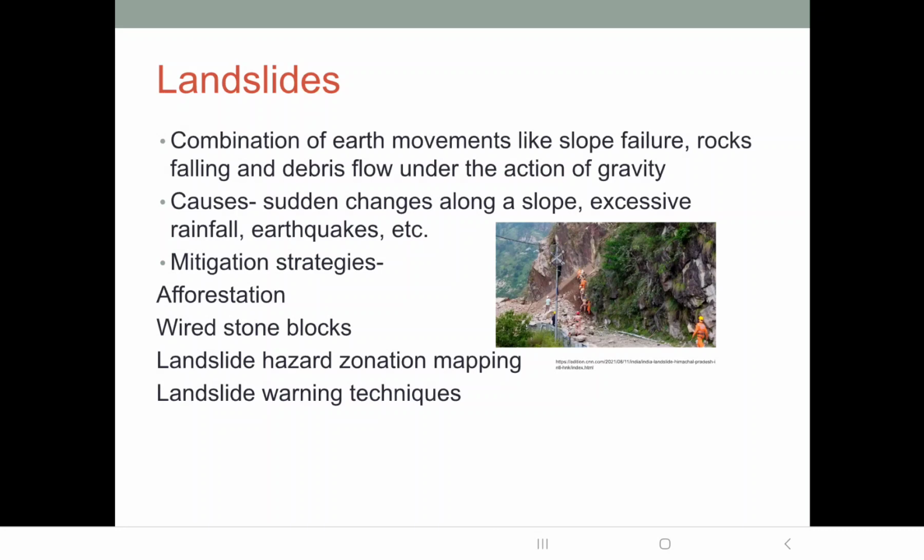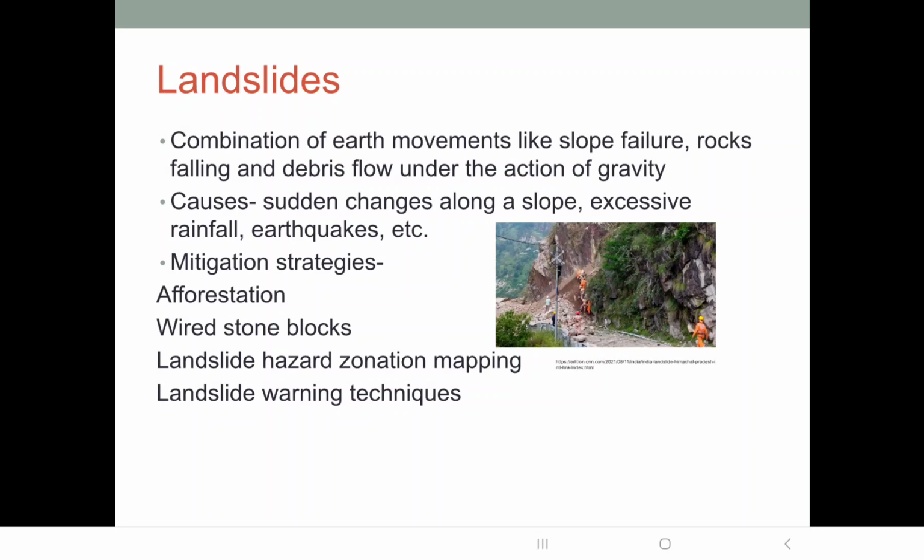So landslide hazard zonation mapping can be done. So people will be aware in advance that one should not construct a settlement here, one should not construct a road passing through this area. So that can be helpful.